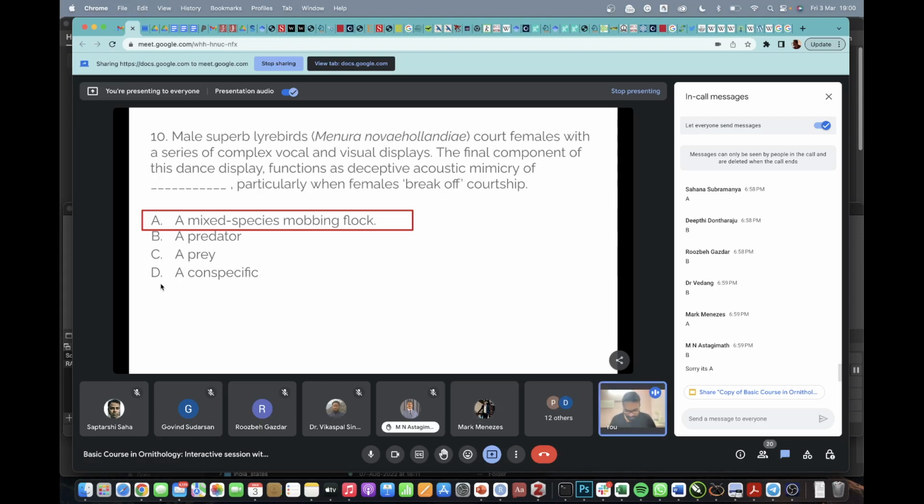That seems a very simple, very straightforward explanation. It could be a mobbing flock, but a mobbing flock is actually a sign of a predator itself, right? A mobbing call is mostly when birds mob a predator, could be a raptor or a ground predator like a snake or a cat.